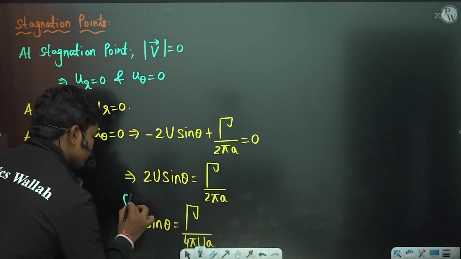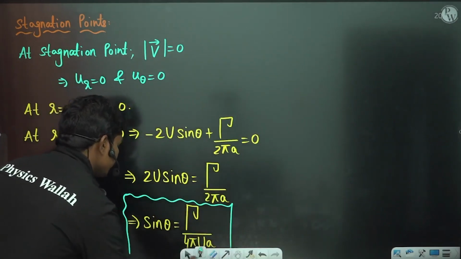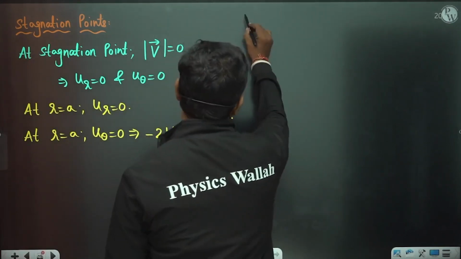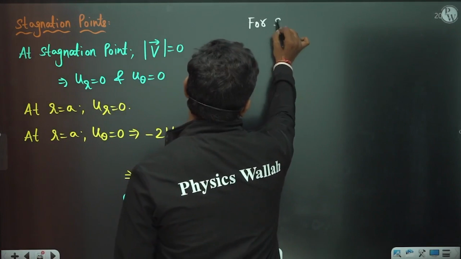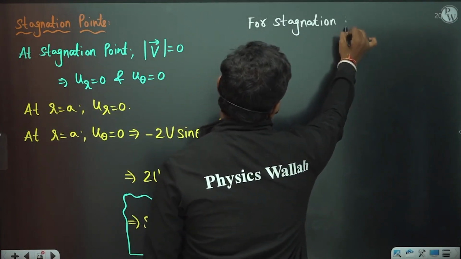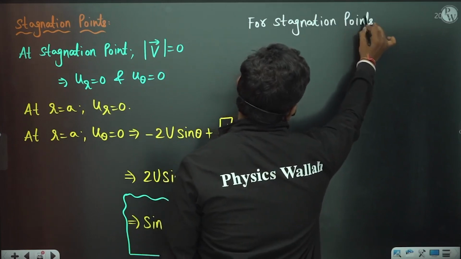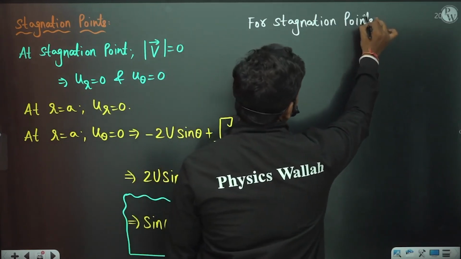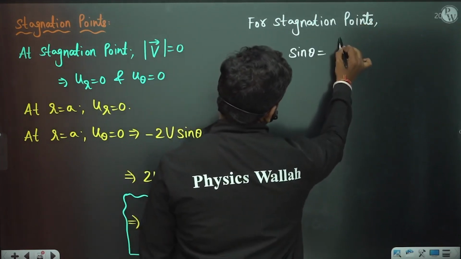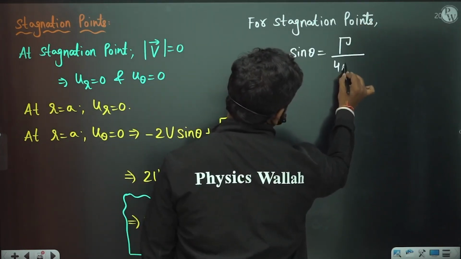So this is the expression for theta where you have the circulation. Okay, so first, the stagnation points: try to understand this. Your sin theta should be equal to circulation divided by 4 pi u times a.